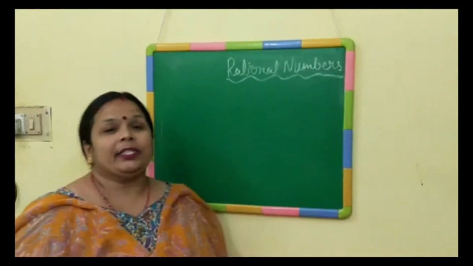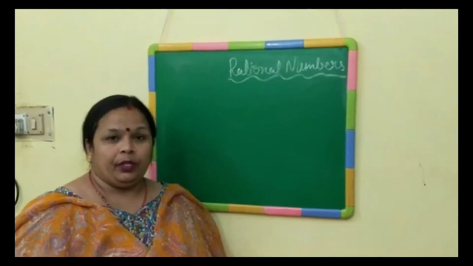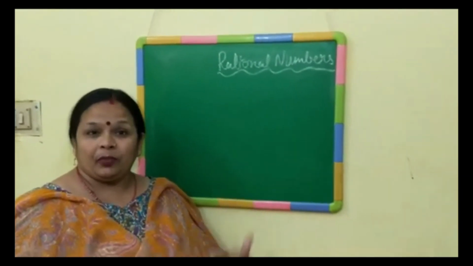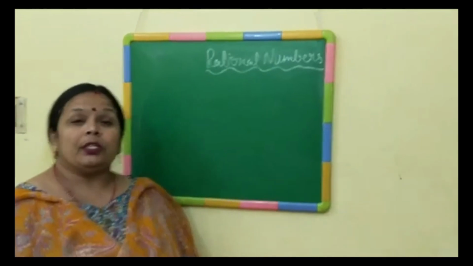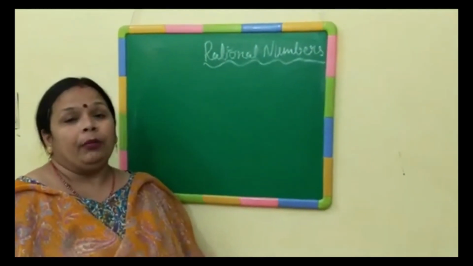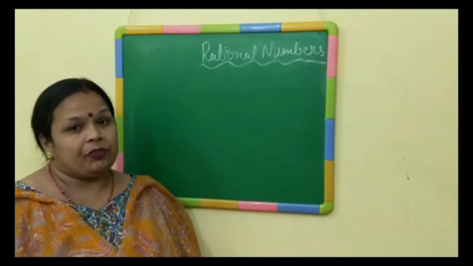So what exactly is a rational number? As I told you, I have explained about fractions, and there is a lot of similarity between a fraction and a rational number.